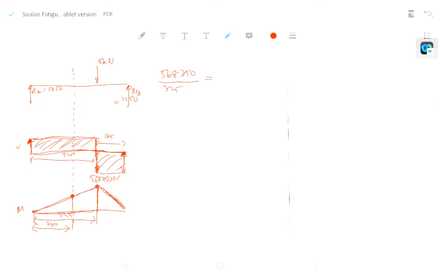So we want to identify the x value. So x divided by 200, so we will get the value of x.